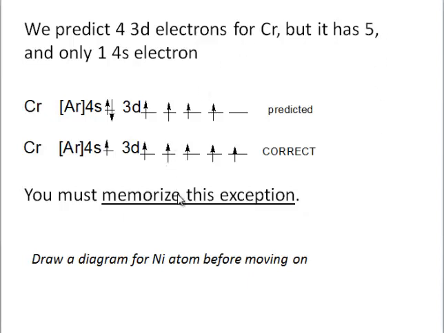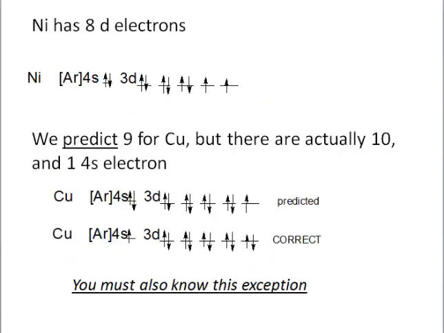Alright, let's jump a ways across the periodic table. Nickel is unexceptional, so you should be able to draw an orbital diagram for the nickel atom before moving on. Nickel has 8 d electrons. You can verify that by counting on the periodic table.